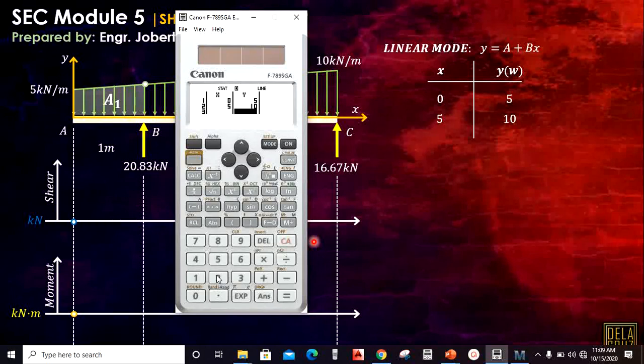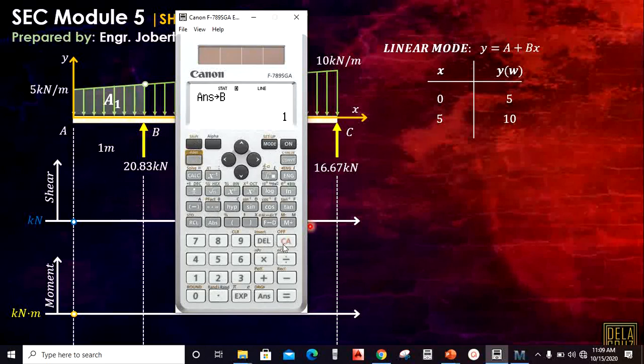Then apps, regression 8, then 1. The value of A is 5. Store it in A so we don't get confused later. Then for B, apps regression 8, then get B, and the value is 1. I will store it in B.